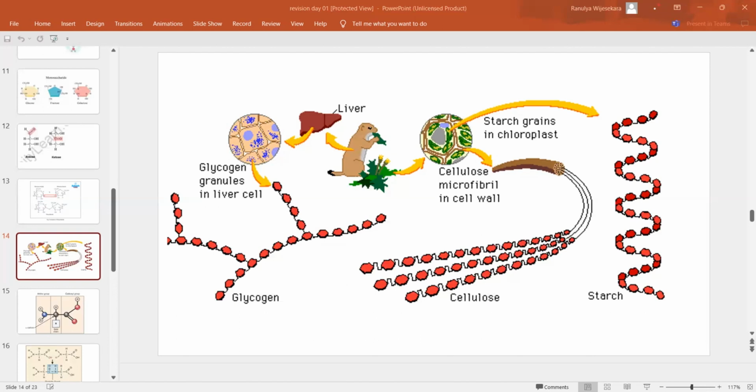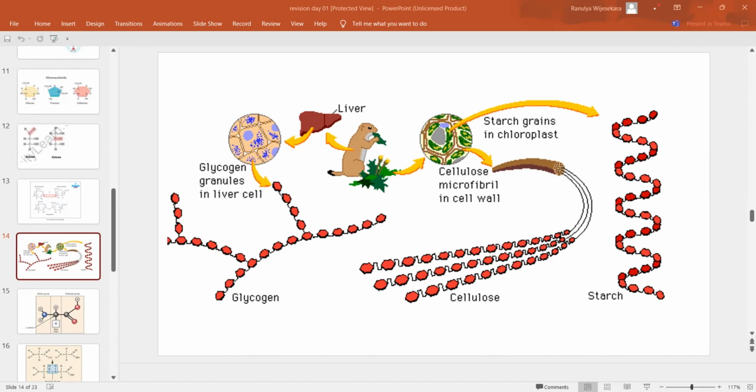Okay. 3 carbon triose. Triose, within the brackets write down 3 carbon. Example. Next point. Glyceraldehyde. Next point. 4 carbon tetrose.